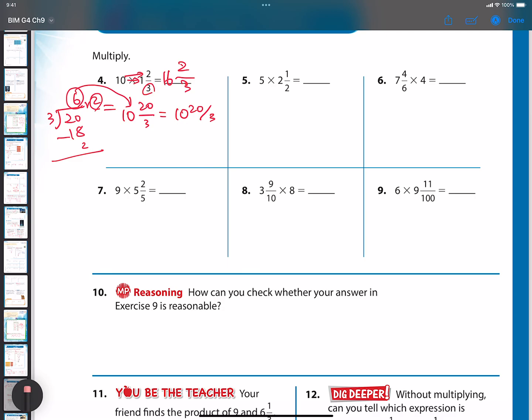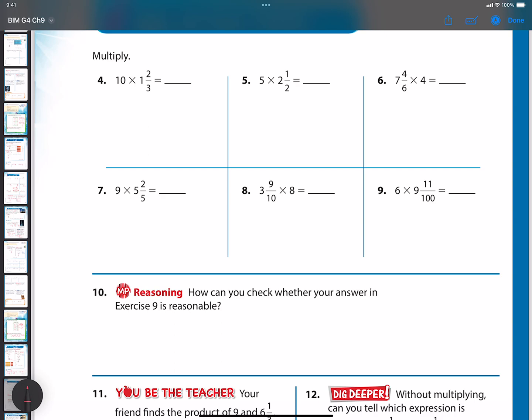Confused? I just did it because I want you to understand how that works. Okay? So I think I went too far. Let's make it simple. 10 and 20 over 3. And this is an improper fraction. And 3 can fit into 20 by 6 times. So I'm going to give the 6 to my whole number, and I'm going to take away 18.